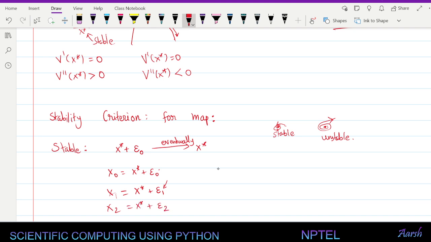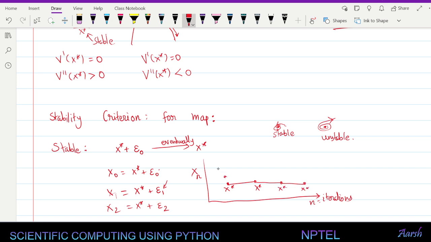So we can generate a trajectory. One trajectory is when we start from x star, then we'll just stay at x star, right? In this case, this is iteration and this is x. So we are plotting x of n as a function of n, the number of iterations.